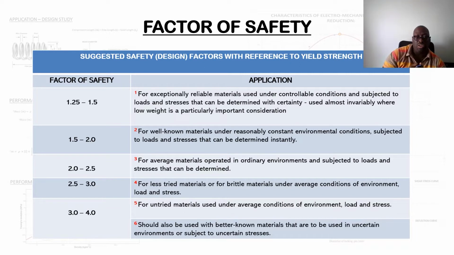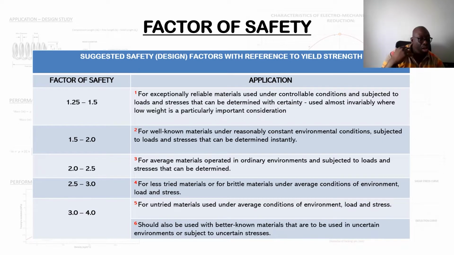2.0 to 2.5: average materials, some understanding of the operational environment, and the loading and stresses can be determined, but these stresses are going to be higher than those for the lower safety factors, where there is a good foundation of knowledge and reliability of the material.